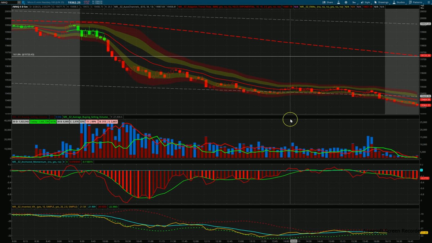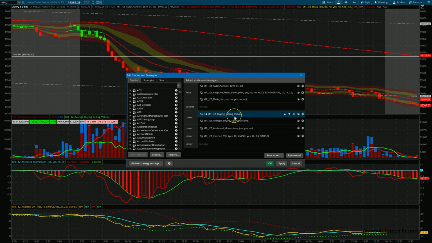Okay, so this is a 5 minute. And then one last thing that we'll take a look at is the Fibonacci's. So what I want to do, I want to turn off everything here. Even though I would look at the Fibonacci's with respect to the studies and stuff, support and resistance.